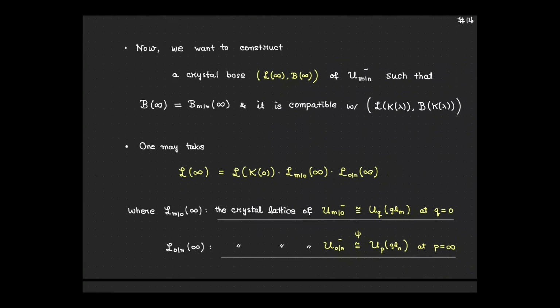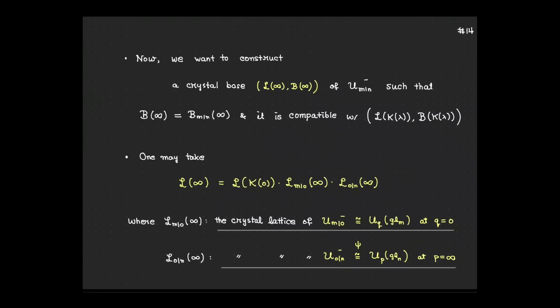So now we want to talk about the algebraic construction of the crystal base of the negative part. From the abstract crystal structure, we can expect how to define the crystal operators on the negative part.